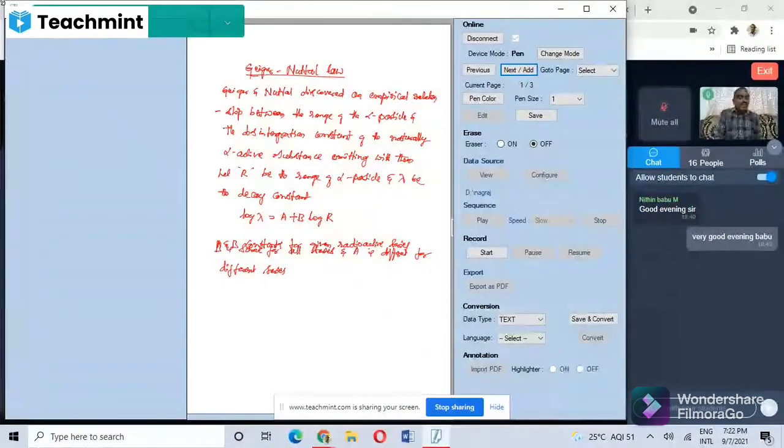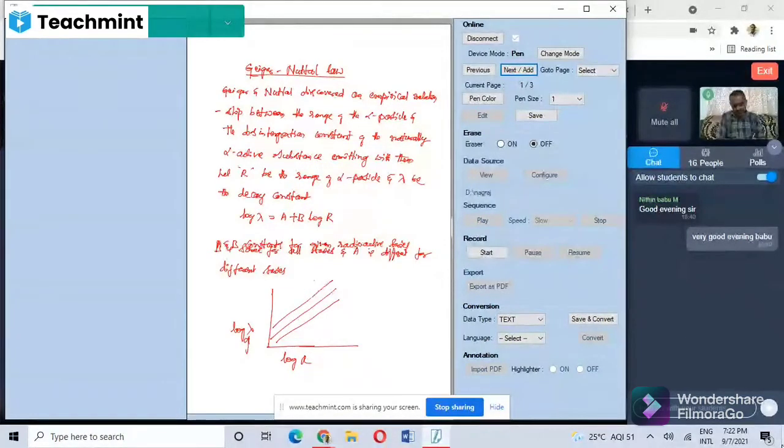Now the values of log lambda are plotted against log R. That means if you plot the graph of log lambda versus log R, you will get different straight lines for different series.